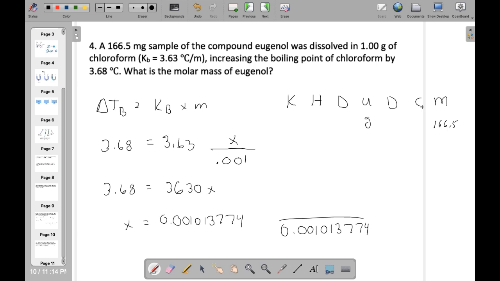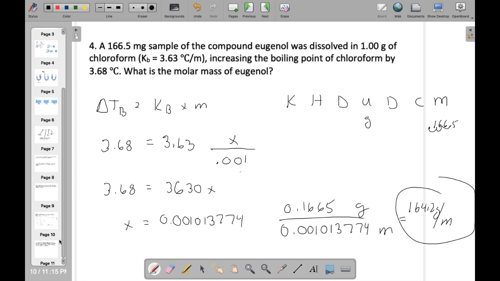So I'm going to move the decimal 1, 2, 3. 0.1665 grams per mole. So if I take 0.1665 grams, divide it by this big, actually small number, I get 164.2 grams per mole, which is about the molar mass of eugenol. I'm probably mispronouncing that, but I'm not redoing the video now.